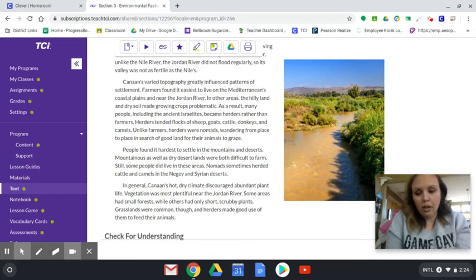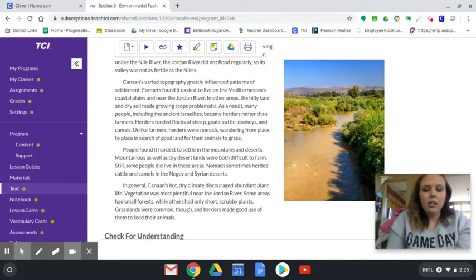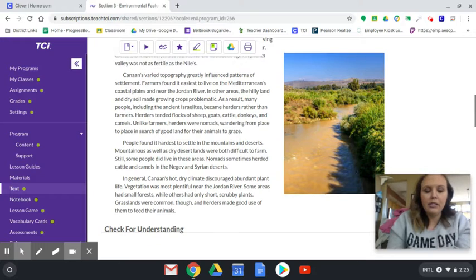This is where the faith of Judaism began as well. But most of the people that lived in this area were nomads and herders because of the type of topography and soil the land had.